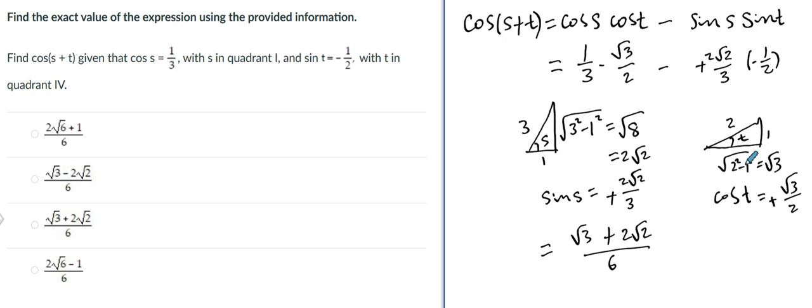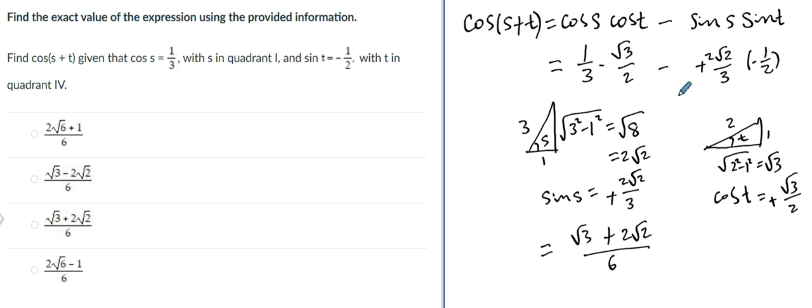Then cosine t will be the adjacent, radical 3, over 2. Again, t was in quadrant 4, so cosine t is positive. So cosine t is radical 3 over 2, positive.